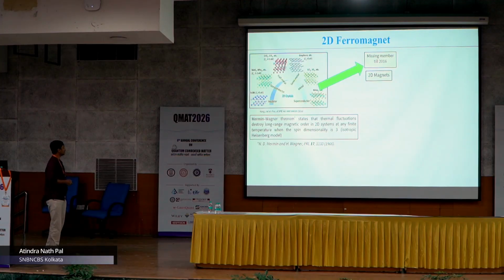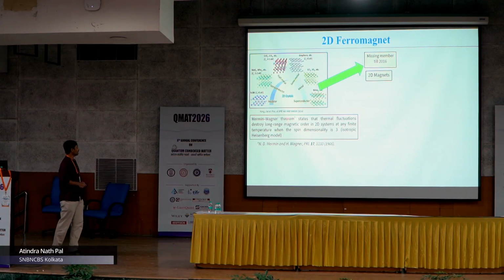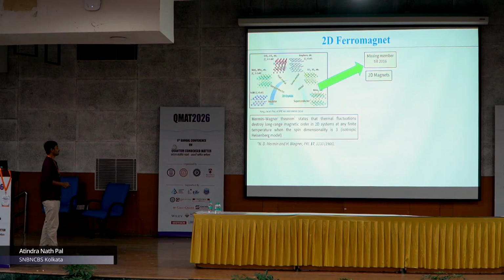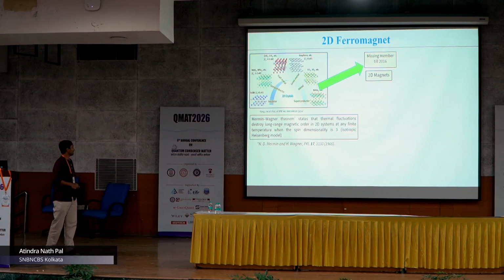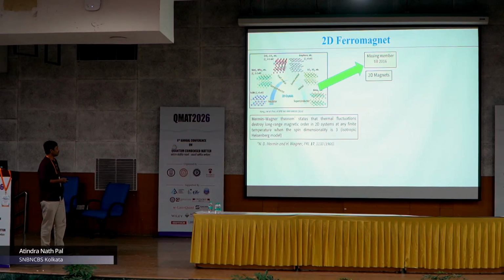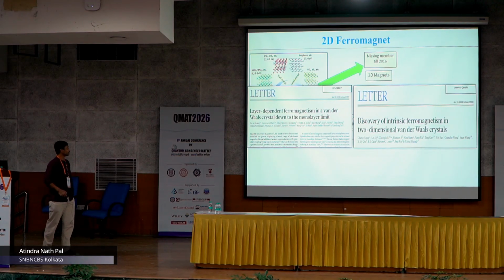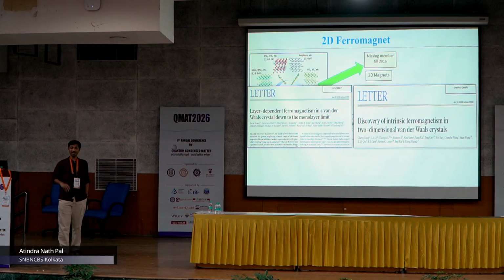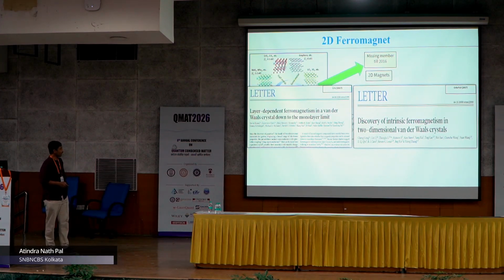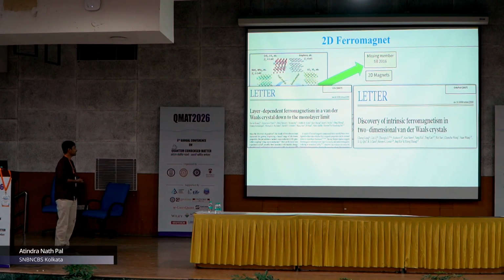People predicted this because of the Mermin-Wagner theorem, which states that thermal fluctuations destroy long range magnetic order in 2D systems, so you do not expect long range order. But in 2017, back to back Nature papers described that even in the monolayer limit you get ferromagnetism. So why is this ferromagnetic state stable?